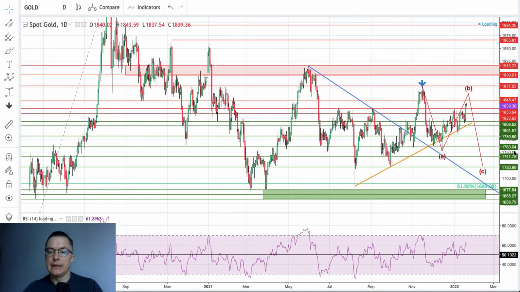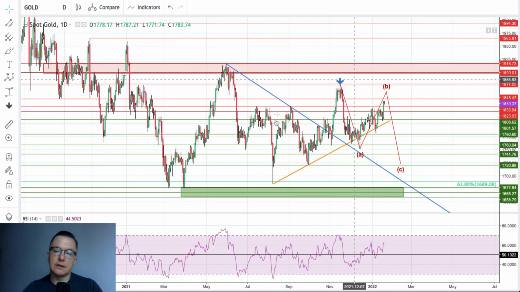However, as you can see, it doesn't actually look impulsive at all. It might be some sort of even more complex and time-consuming correction instead of the ABC to the downside, because that would mean ABC up, wave X, ABC up, and that's a W. So that's a complex correction, which is nothing really exciting, which is nothing nice for the traders, because it's full of whipsaws, false breakouts, and so on.